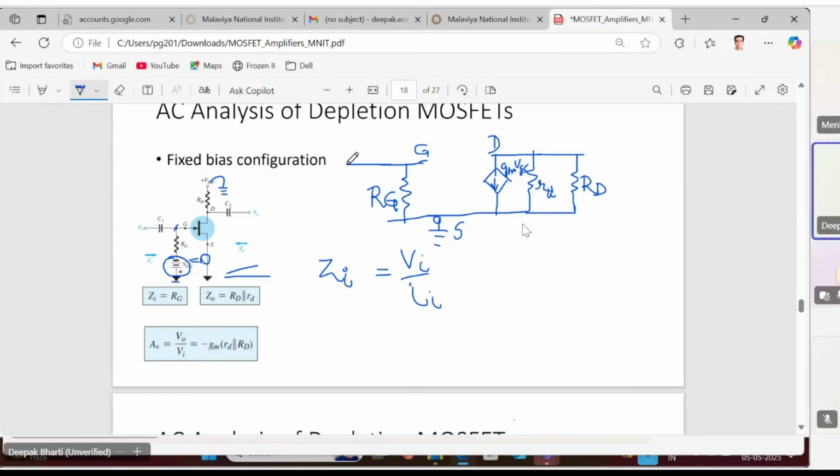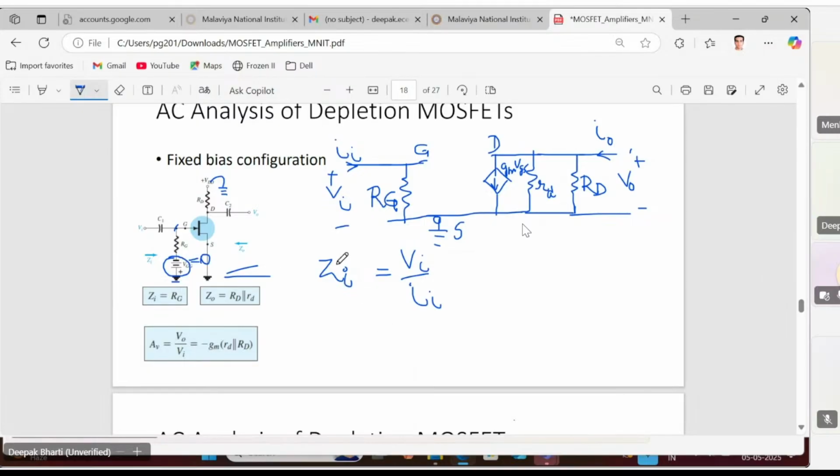Okay, what is VI here? It is the input voltage, and II is the input current. VI is this input voltage. V naught is the output voltage, that is plus minus, and I naught is the direction of output current.